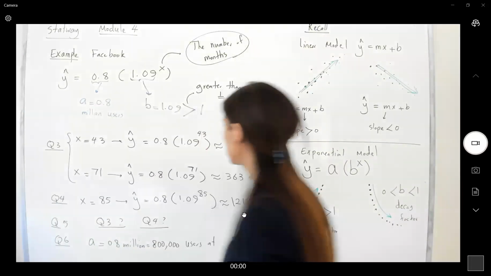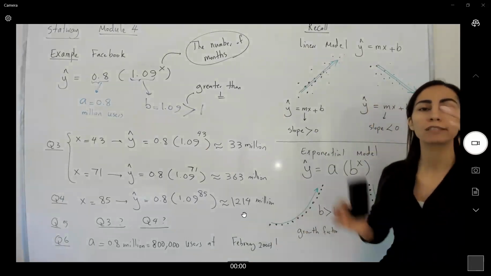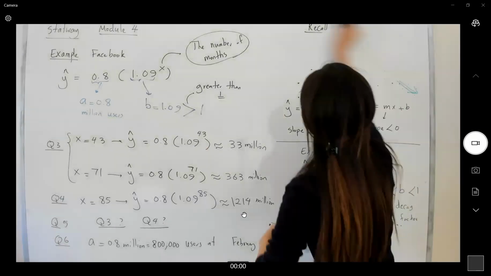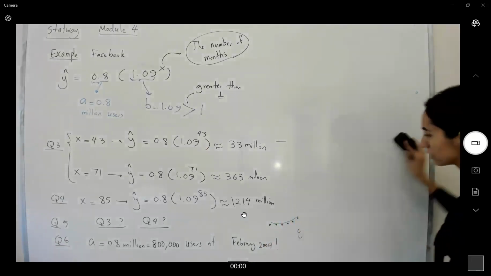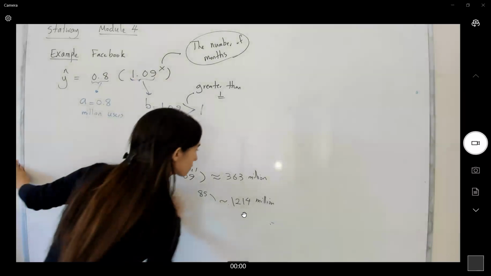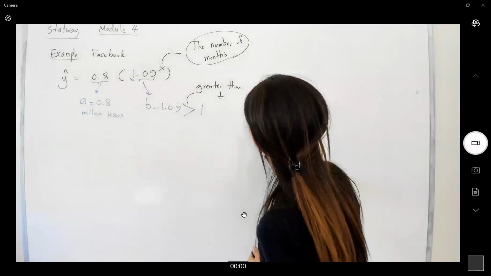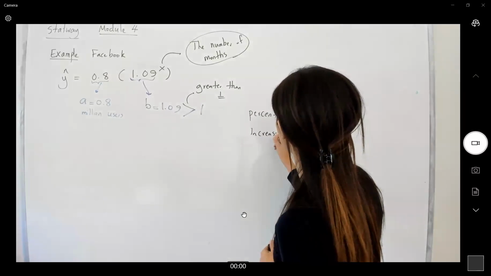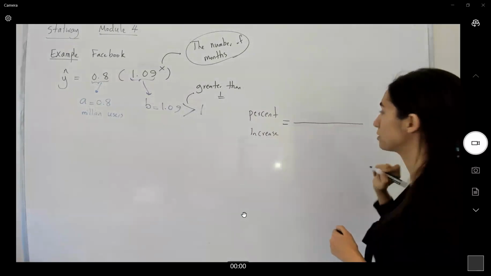Suppose somebody asks you, what was the percent increase between 2 months, 2 years for Facebook? How do we calculate that? To calculate the percent increase and percent decrease, we actually follow this formula. Percent increase. In this case, we have to form a fraction.